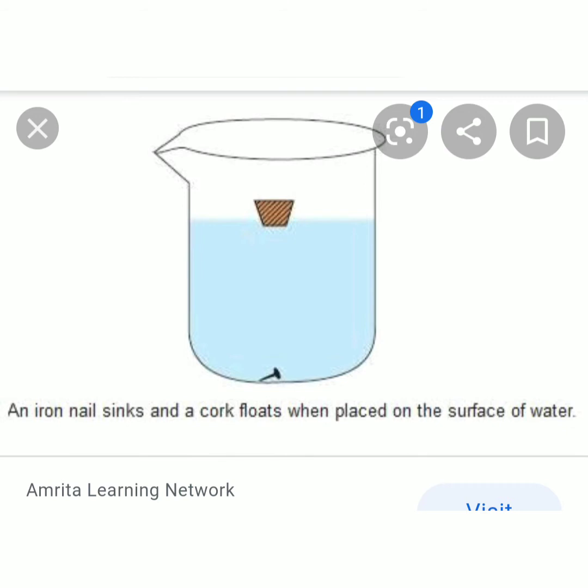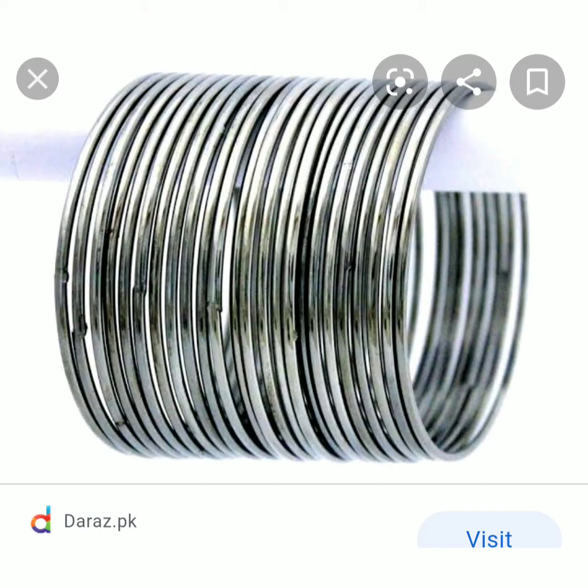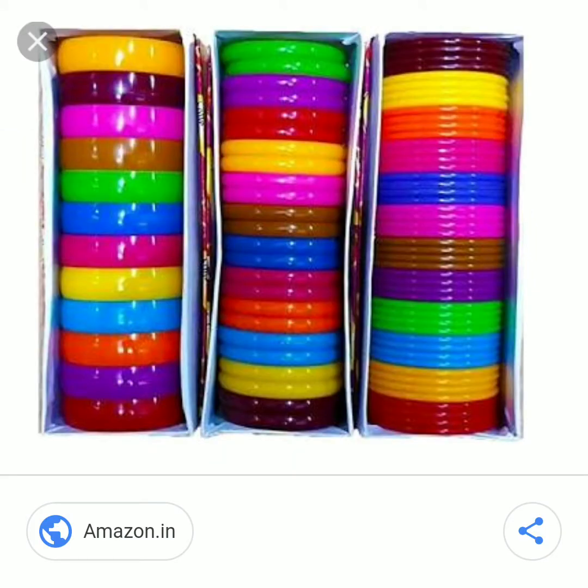But these two have different sizes and shapes. Let's take two objects with identical shapes and size. We can take two bangles of the same size and shape. One should be made of plastic and the other of any metal. What will happen? The metal bangle sinks and the plastic one floats for some time.